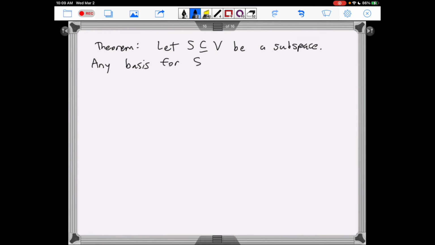Any basis for S can be extended into a basis for V. What would the outline for the proof of this be?